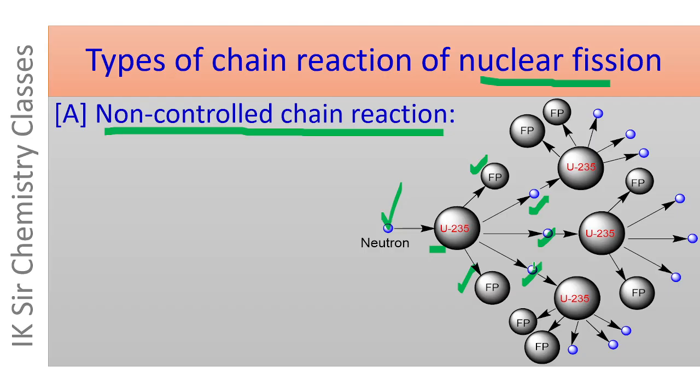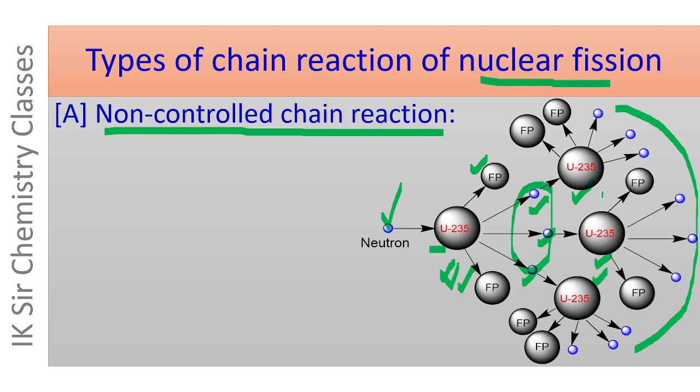These 3 neutrons will cause the fission of 3 other nuclei of U-235, and as a result 9 neutrons will be ejected. Let us see, at the start, that is time equals 0, 1 nucleus of U-235 undergoes fission producing 3 neutrons.